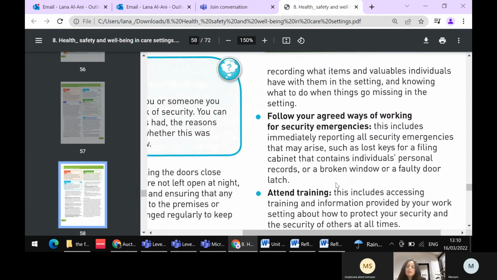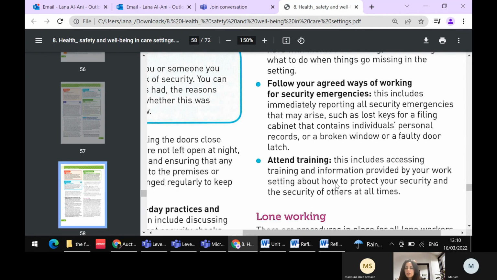So if there is any emergency regarding security, I report it immediately. Such as if I lose the key of the filing cabinet, so anyone can access this cabinet, I need to admit it is my mistake and go and report it to the manager. If there is any broken window, I need to report it, because burglars might come around by using this method.